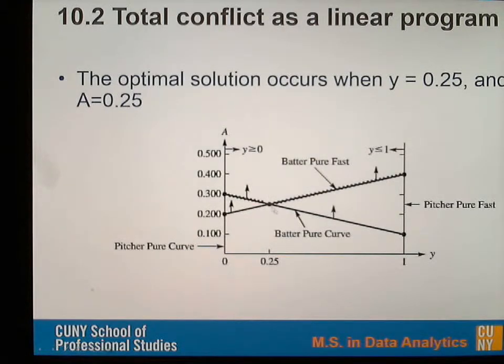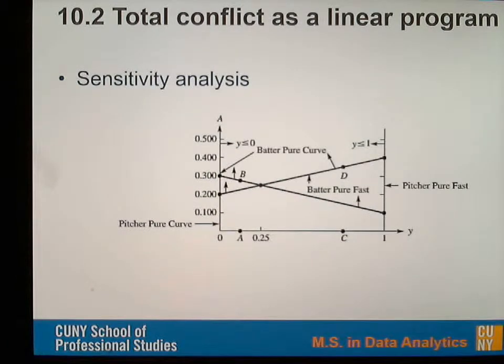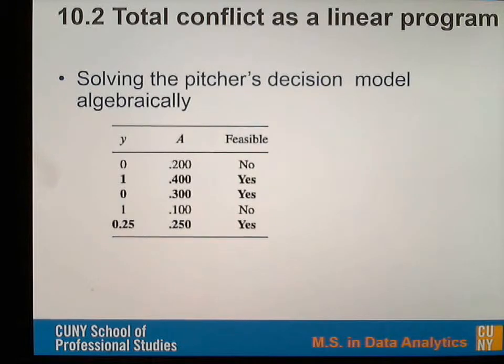Here, the optimum solution is y equal to 0.25 and A equal to 0.25. Same thing, we need to run some sensitivity analysis on the strategy. Algebra solutions as well.